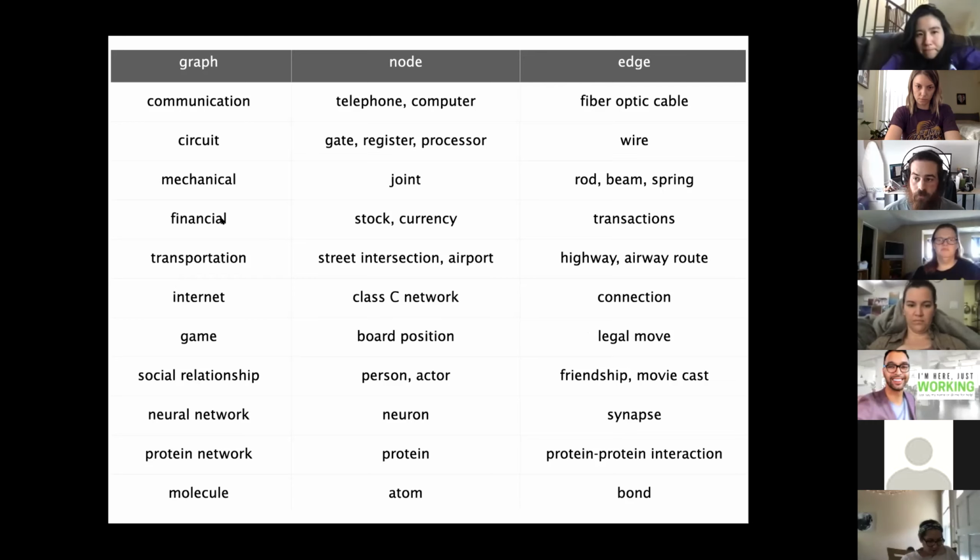Financial markets are graphs. Computer circuits, actually graphs. Graph algorithms are used to decide how to lay out the chips that actually run your computers. Graphs are ubiquitous in our world, and learning about translating your problems into the languages of graphs is at least an enlightening and maybe even a rewarding skill.